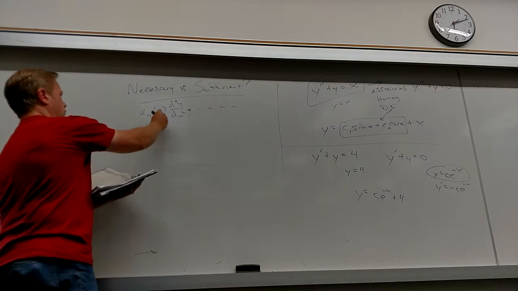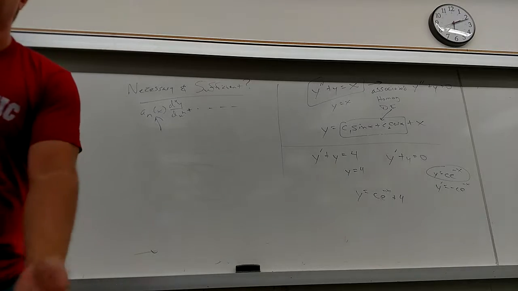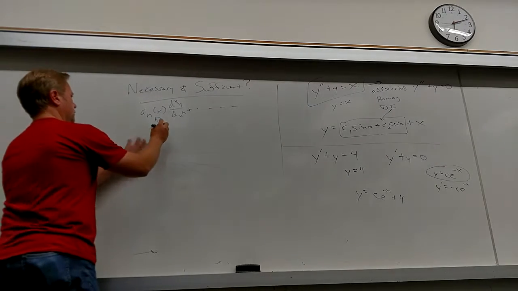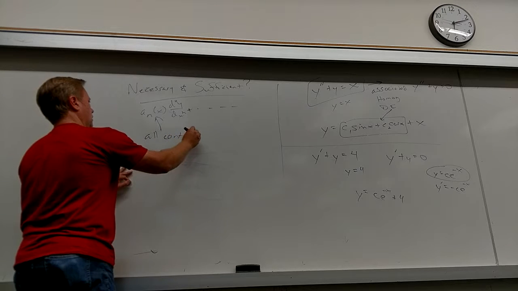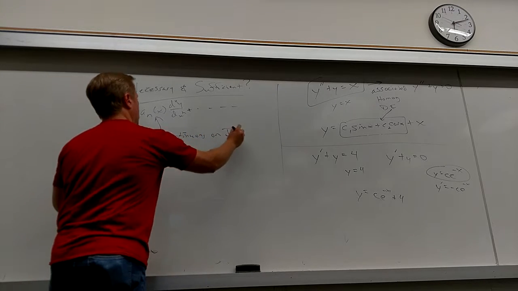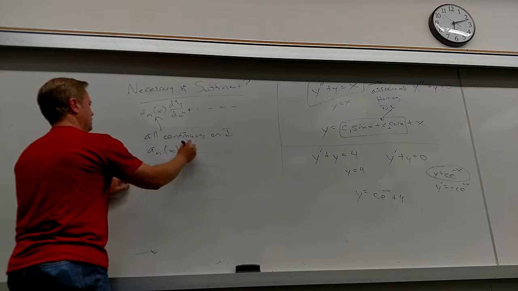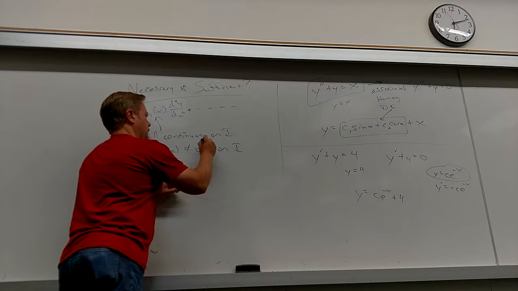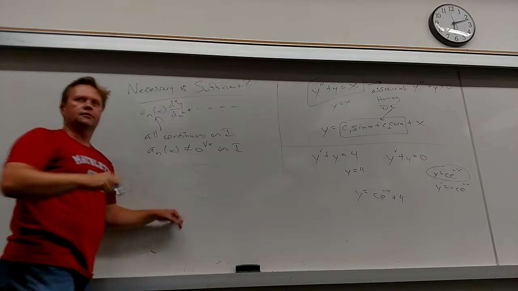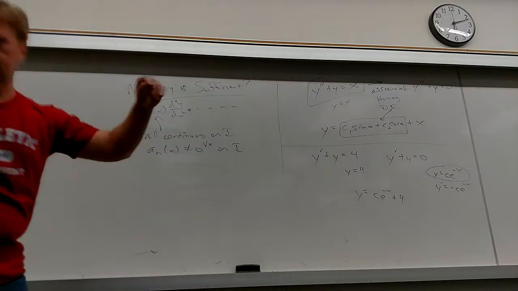So if all of these coefficients are continuous on some interval I, and a_n of x does not equal 0 for any x on I. Let me put for all x. That little thing means for all.